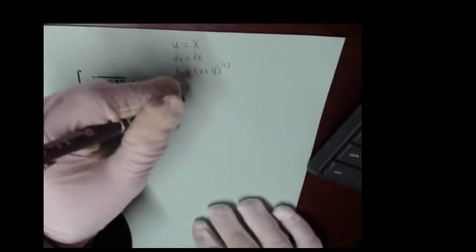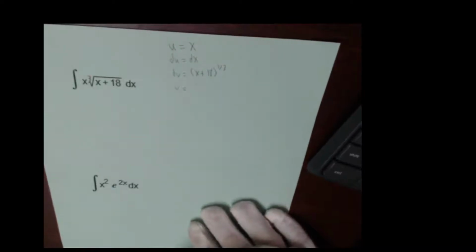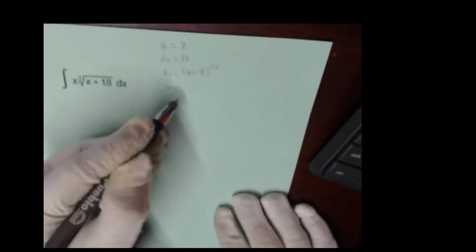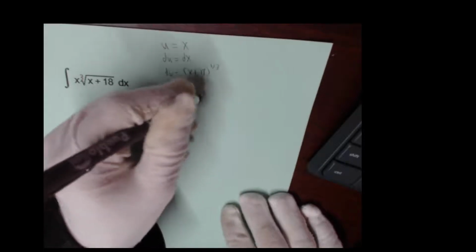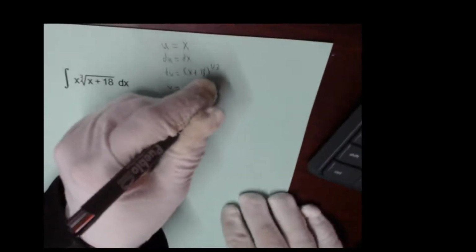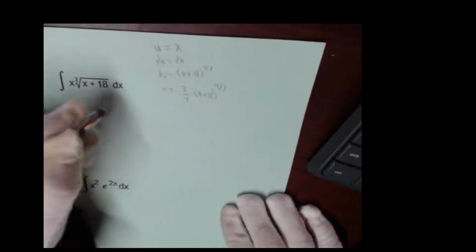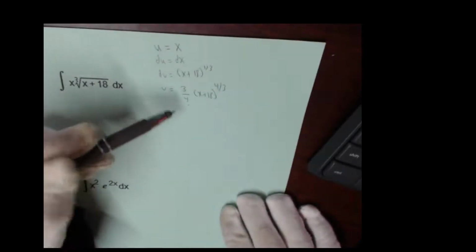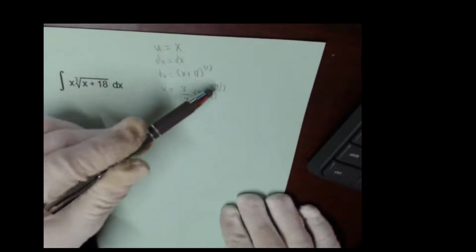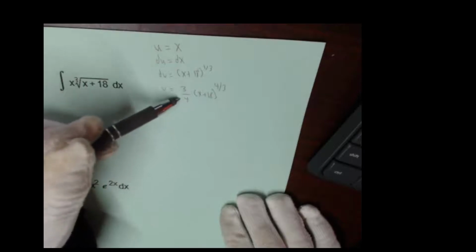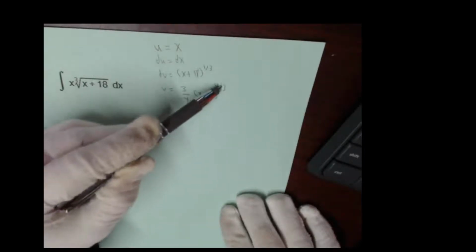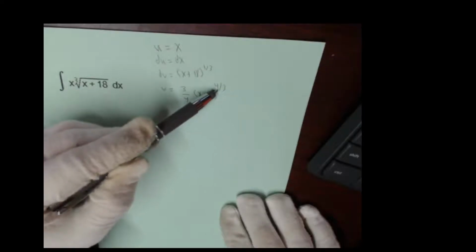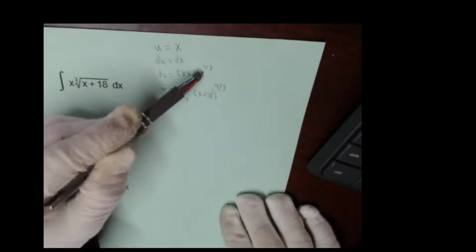And if we take the integral of this thing right here, dx plus 18 to the 1/3, that's going to be, watch this, 3/4 x plus 18 to the 4/3. All right, see why that is. If I take the derivative of this, the 4/3 comes down, which cancels the 3/4, and then we subtract 1 from this, so minus 3/3, which makes it 1/3.